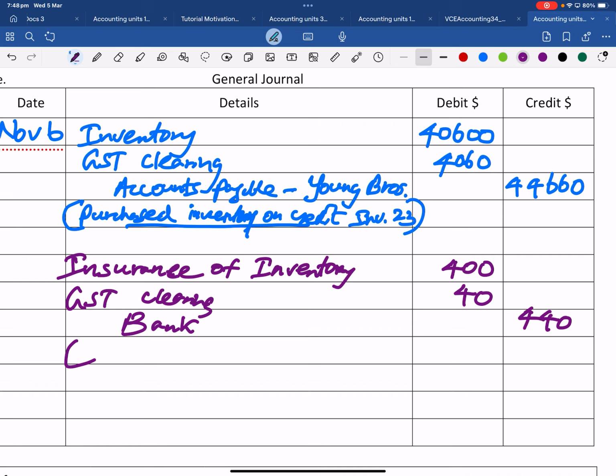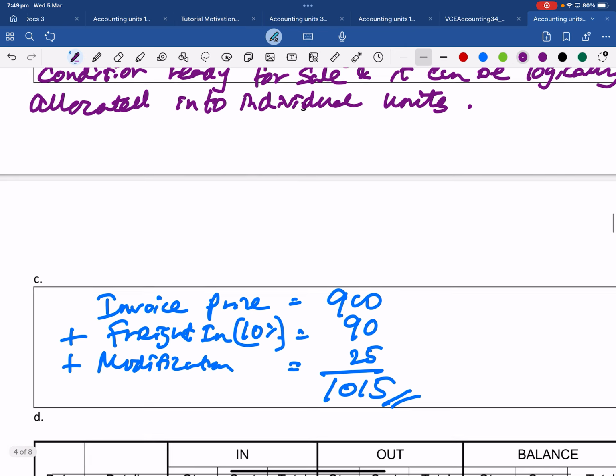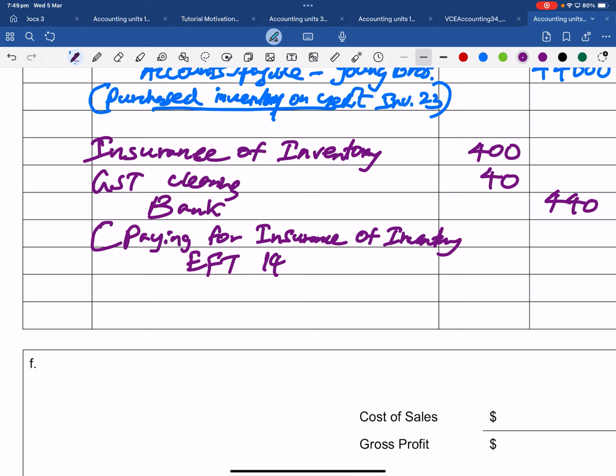And the source document reference, EFT, whatever it is, what is it? 142. Thank you. Good.